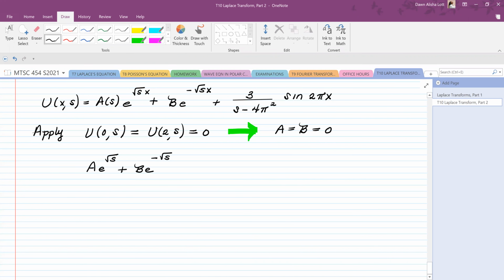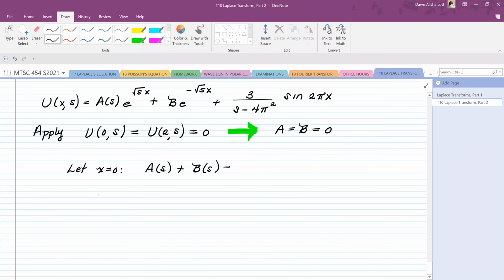Okay. So when you let x be 0, you get 0. So you get a of s plus b of s is equal to 0.